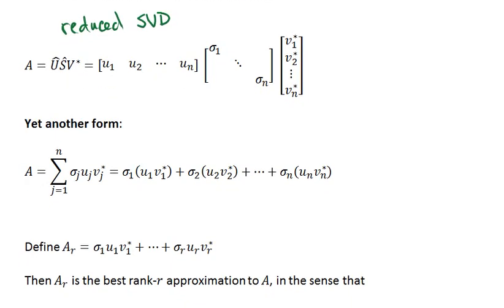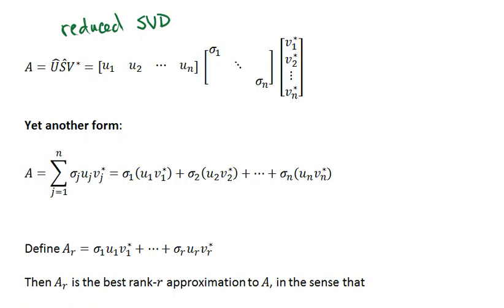Okay, and if we look at this, if we group together the first two matrices here, and multiply those out, well, we just get sigma 1 U1 in the first column, and then we get sigma 2 U2 in the second column, and so on.